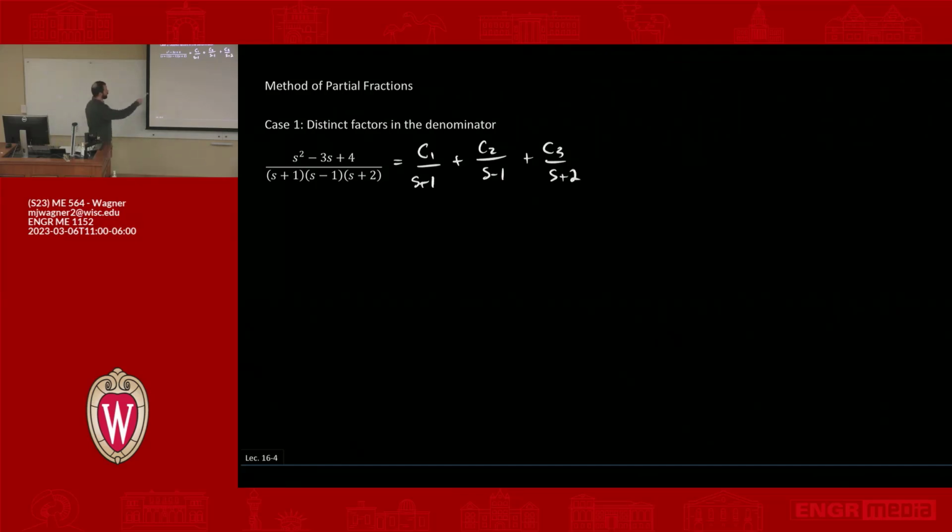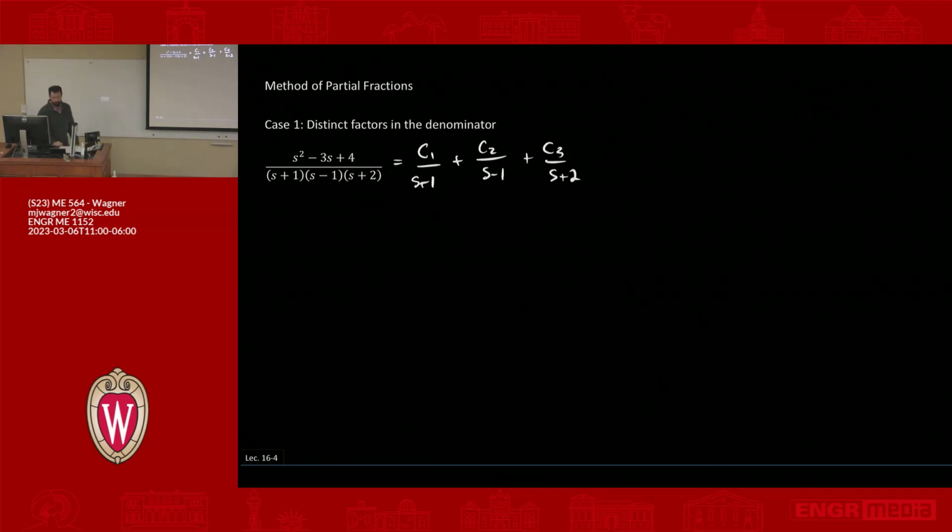These unknown constants are just constants that are useful to me so I can solve this problem to get an equivalent statement. They're not boundary conditions or anything like that. It's just unknown constants that I'm algebraically trying to solve for to get an equivalent formulation. So we write this, and then our job is just to solve for those constants.